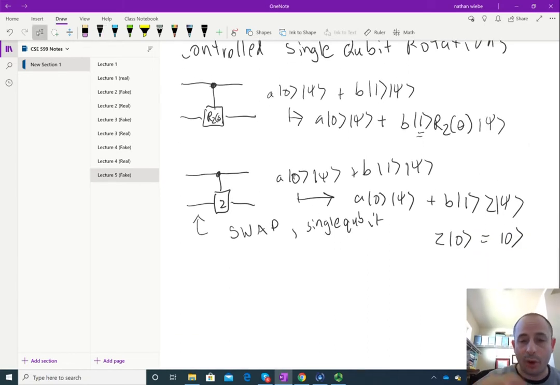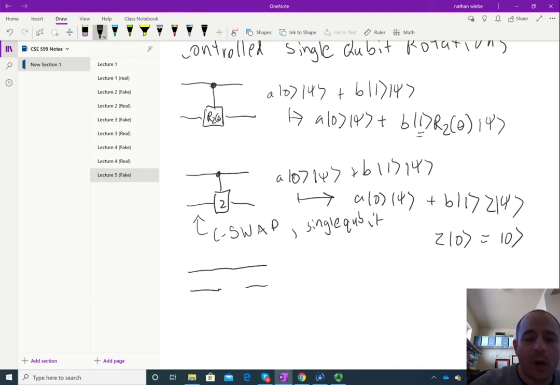All right? So, what we can do is the following. Let's make that a controlled swap gate. We add in an extra quantum bit in the 0 state. Now, what we do is if the top bit is 1, then we do a controlled swap gate.